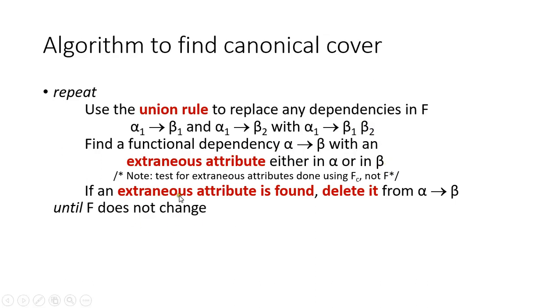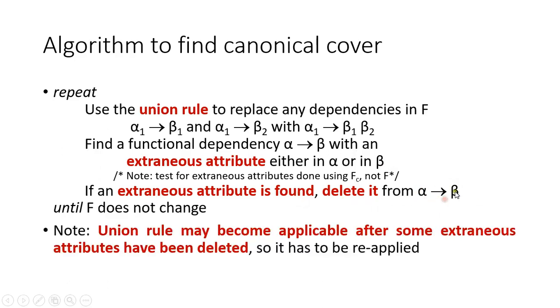If an extraneous attribute is found, delete it from alpha determines beta, until F does not change. Note that the union rule may become applicable after some extraneous attributes have been removed from the given set of functional dependencies, so it has to be reapplied. It will be a repeated task until we find the canonical cover.